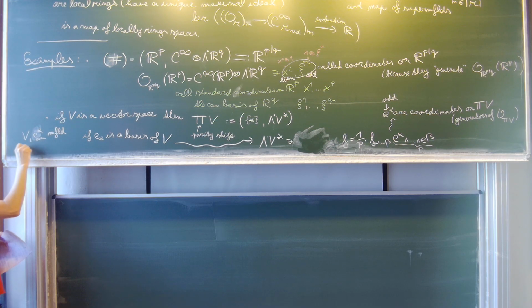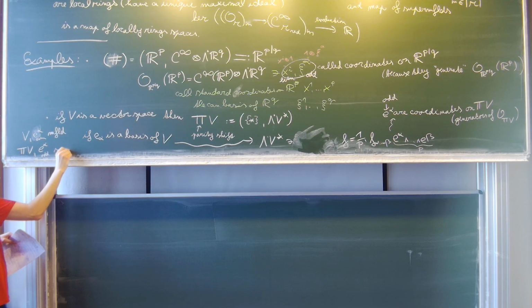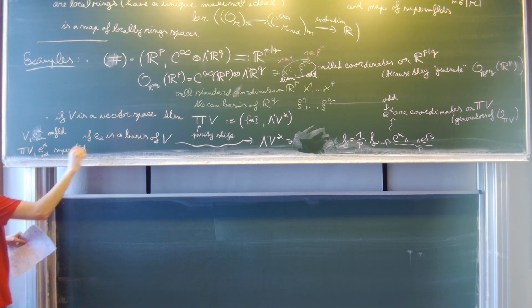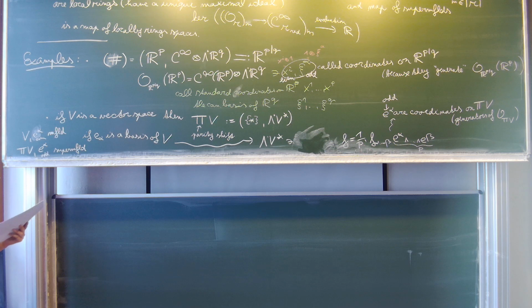What the parity shift does is take the same stuff, but proclaim that these things are now odd, and this is now a supermanifold. Make sense? So the capital pi doesn't just change the parity of a vector space, but produces the supermanifold whose superdirections are those.